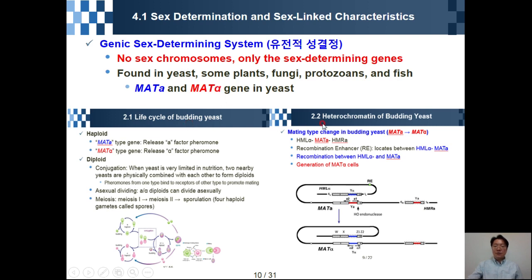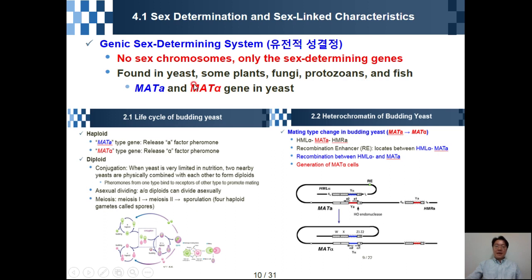These two slides come from my epigenetics (후성 유전체학) course. In that course, MATa and MAT alpha are very important. Okay, let's explain it very simply. If they have the MATa gene, they will become male.